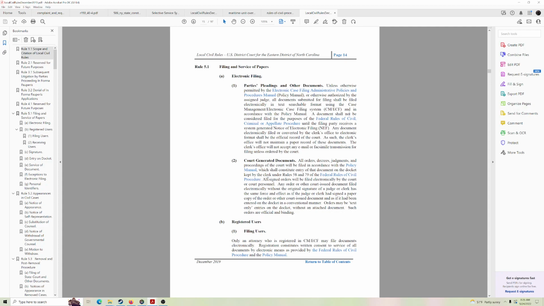All signed orders will be filed electronically by the court or court personnel. Any order or other court-issued document filed electronically without the original signature of a judge or clerk has the same force and effect as if the judge or clerk had signed a paper copy of the order or other court-issued document, and as if it had been entered on the docket in a conventional manner.